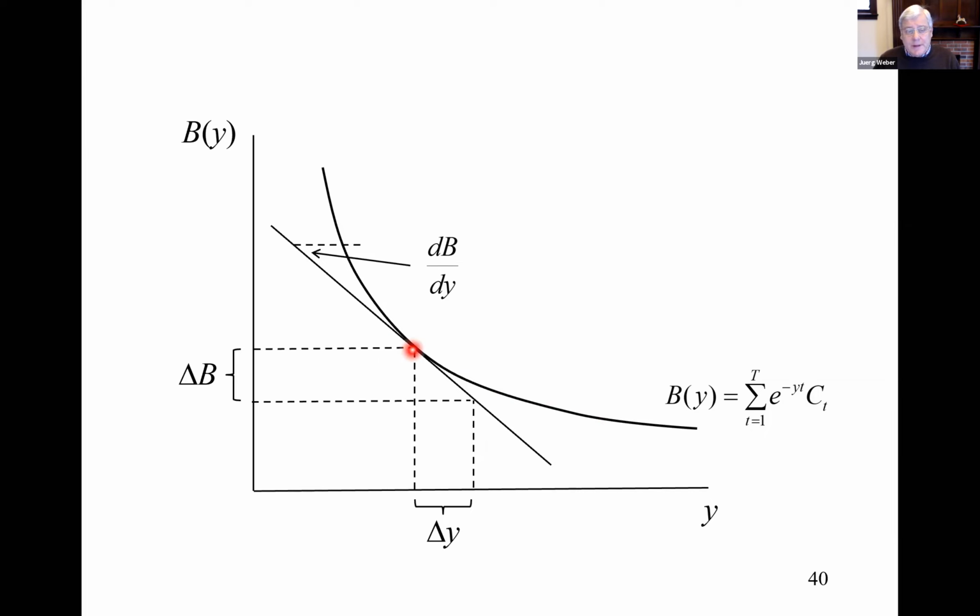We will do a linear approximation. We will move along this linear line, which is just a tangent at this point. That's very often done in finance. If you have nonlinear functions, you make a linear approximation, and that's good enough if the changes are not too big.